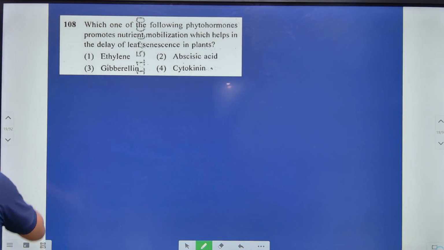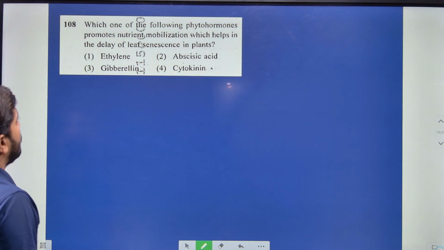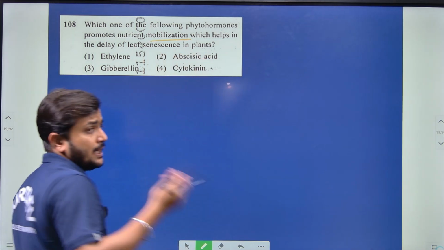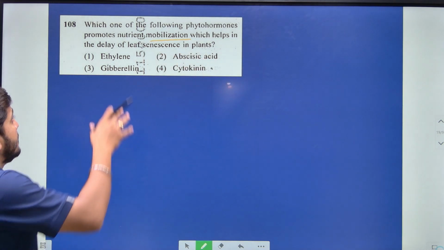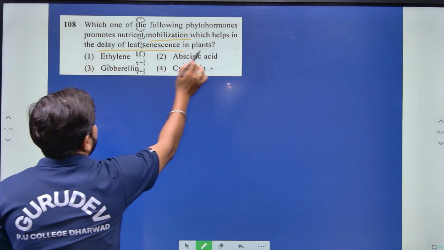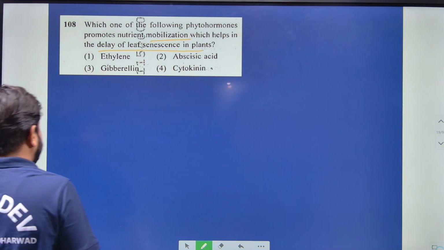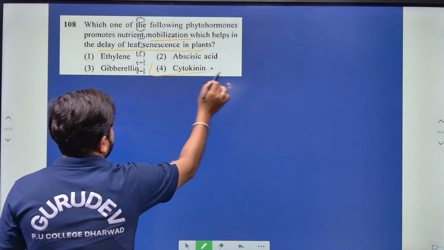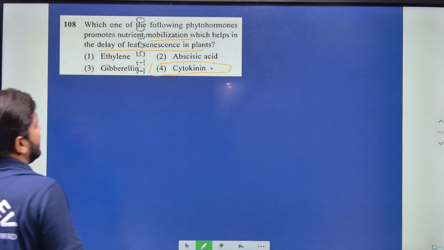Then moving on to the next: which of the following phytohormones promotes nutrient mobilization, which actually stores back the nutrition and helps in delaying leaf senescence in plants? That I am going to find out with respect to cytokinin, right?